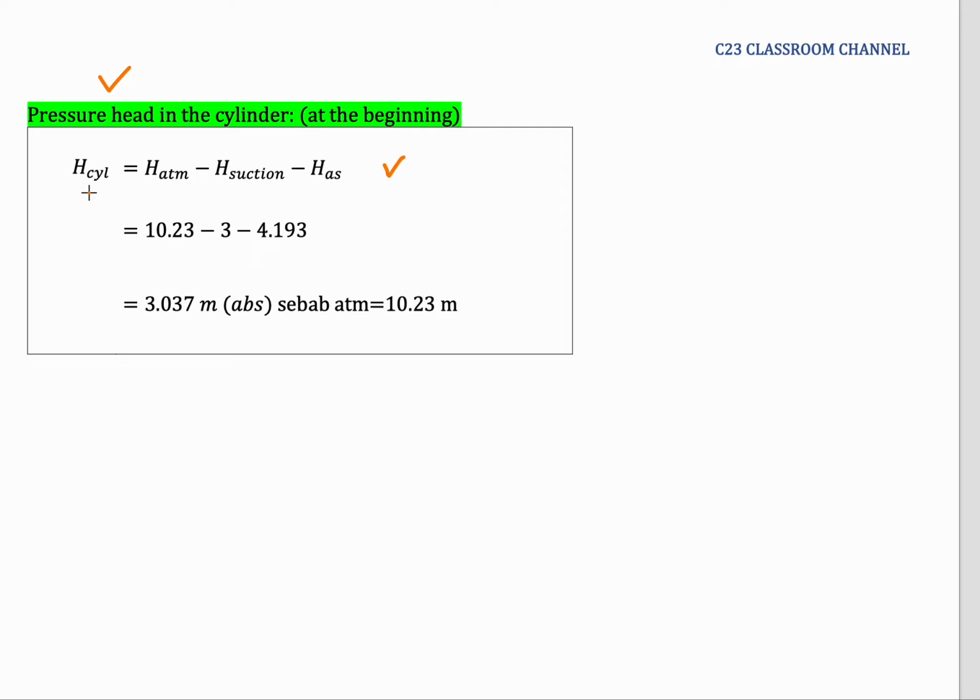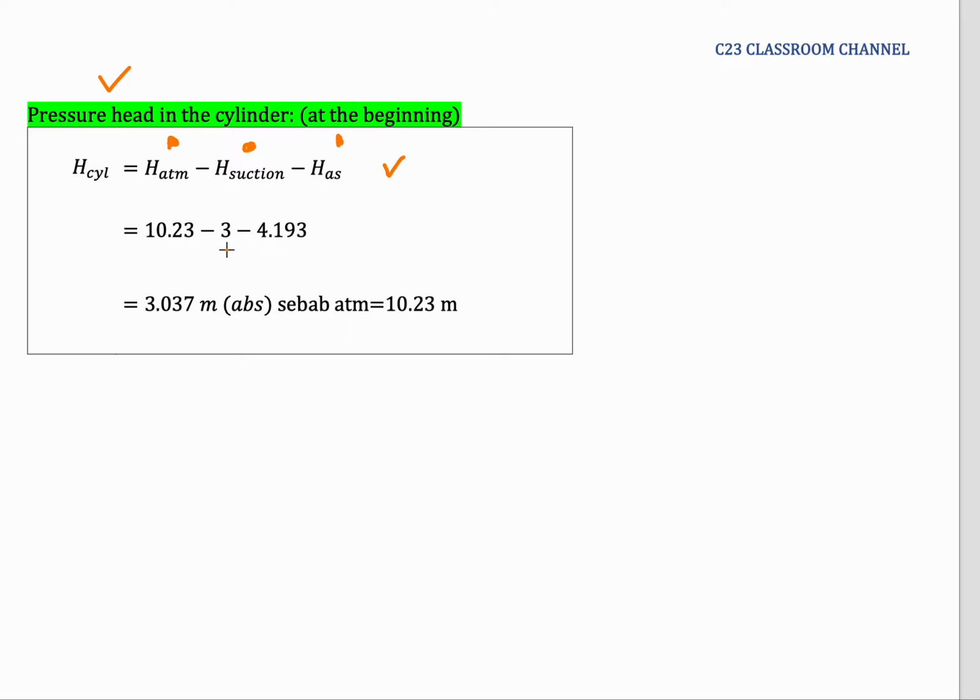So we have the head of the cylinder. It is actually the head of atmospheric pressure, minus the head of suction, and then minus the head of acceleration.